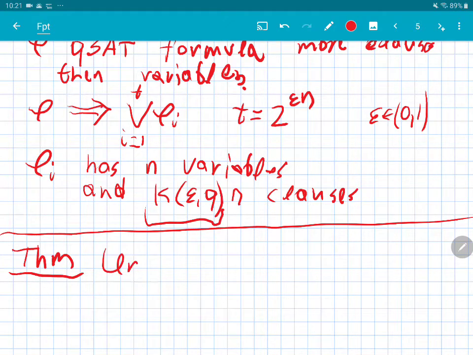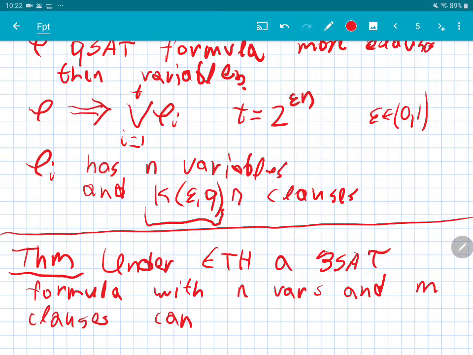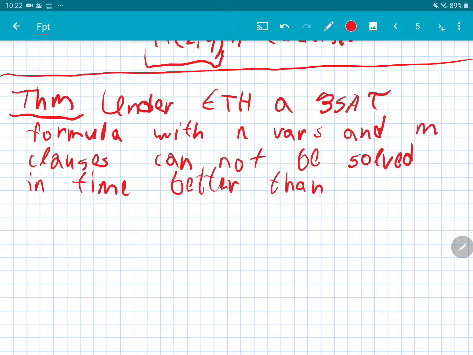It says that under ETH, a 3-SAT formula with n variables and m clauses cannot be solved in time, you know, so you cannot improve the running time.